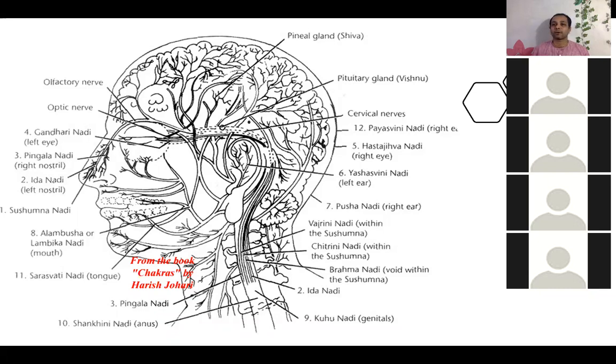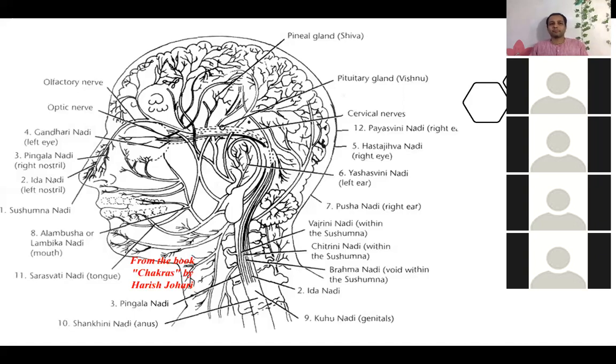So your entire body is replicated in your hands, your entire body is replicated in your legs, your entire body is replicated in your mind, your entire body is also replicated in your brain. So it is replicated everywhere, and we can see that here also all the organs, all the nadis, all the energy systems, they come back up here.